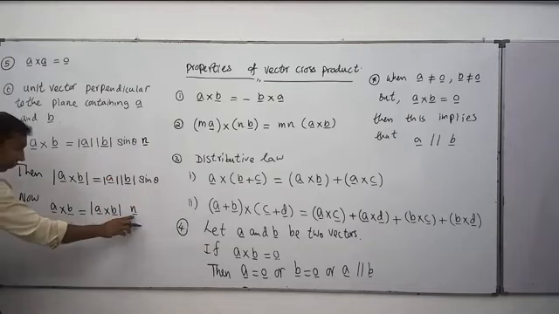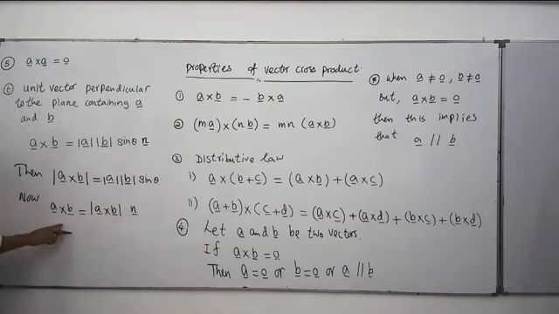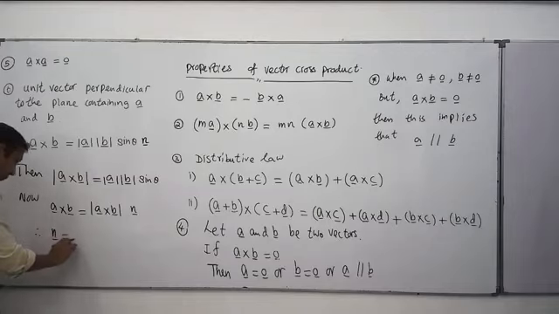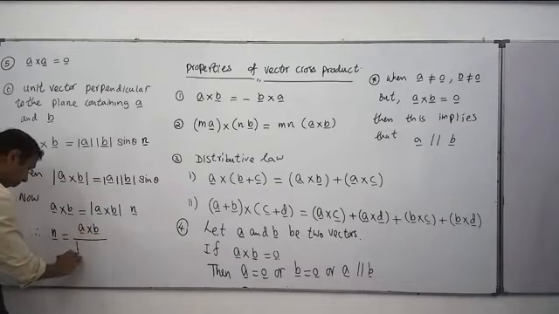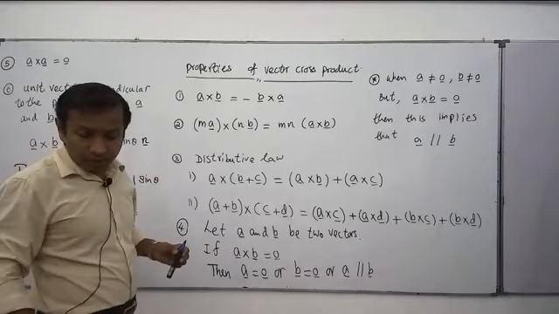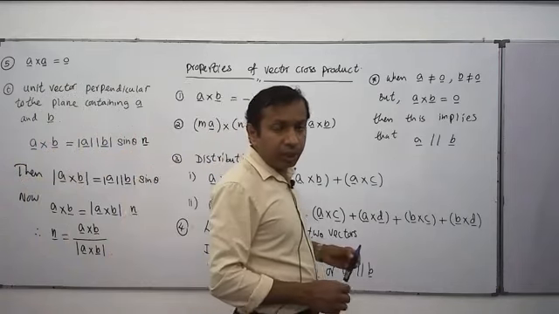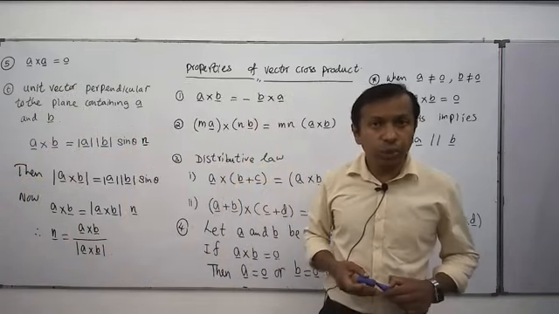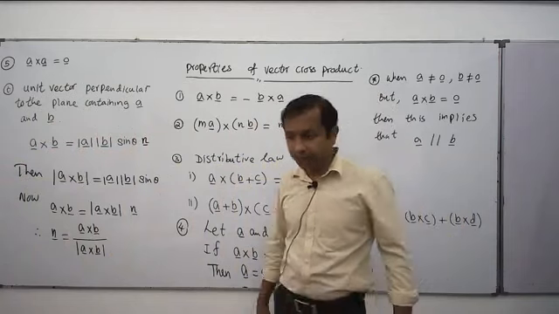Then this n can be obtained by dividing both sides by this. Okay. Therefore, vector n is equal to A cross B divided by modulus of A cross B. Understand? That is how we take the unit vector perpendicular to the plane containing the two vectors A and B. Understood? Right? Yeah.